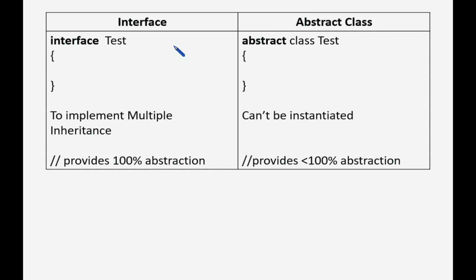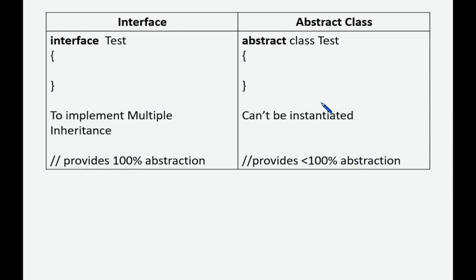Now both the interface and the abstract class give the abstraction concept, but in case of interface, it is 100% abstraction. What is the reason? It supports only the declarations of variables and methods, whereas an abstract class provides less than 100% abstraction.